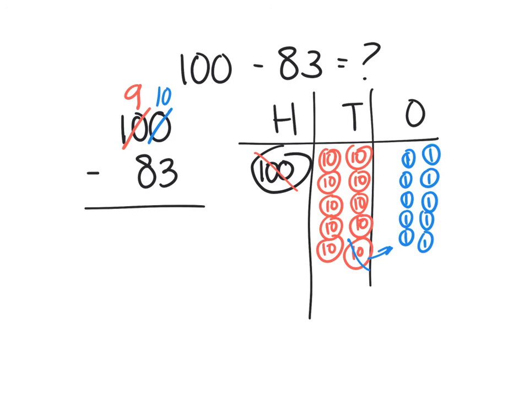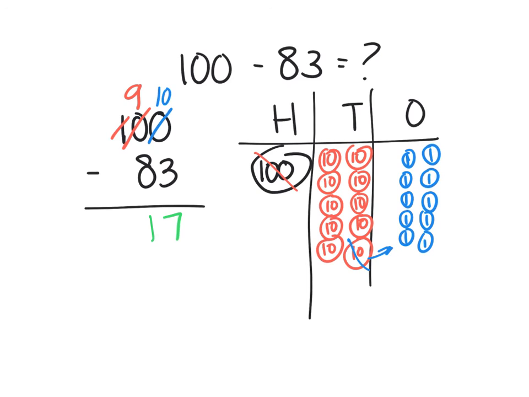Okay? And again, I don't have anything in my hundreds place anymore. So what I just did was I broke apart 100, and that helped me do some regrouping. So now I can do the subtraction. 10 take away 3 leaves me with 7. And 9 take away 8 leaves me with 1.